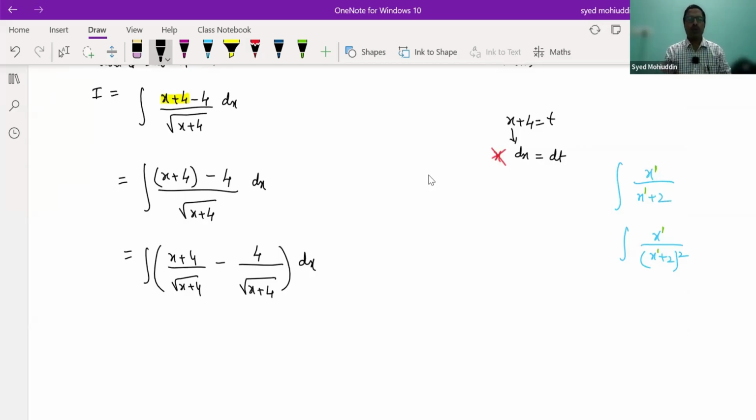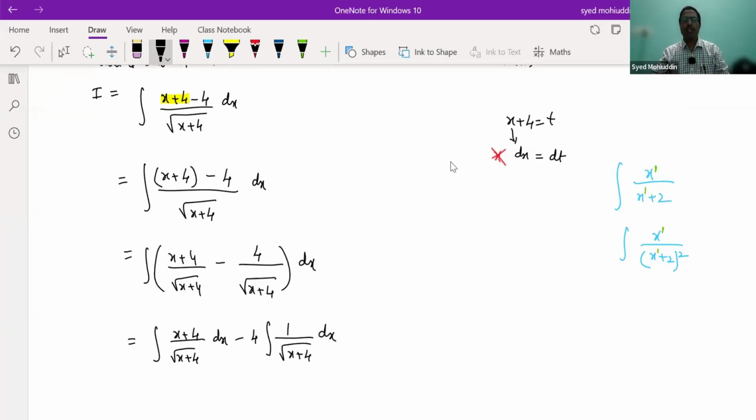Now, because there are two terms, according to the properties of integration, I can apply integration separately for the first term, that is integral of x plus 4 divided by root of x plus 4 into dx, minus, again, the integral for the second term. 4 is a constant, I'll take it outside, 1 by root of x plus 4 into dx.